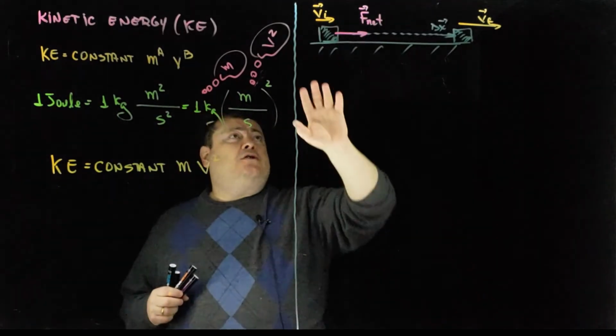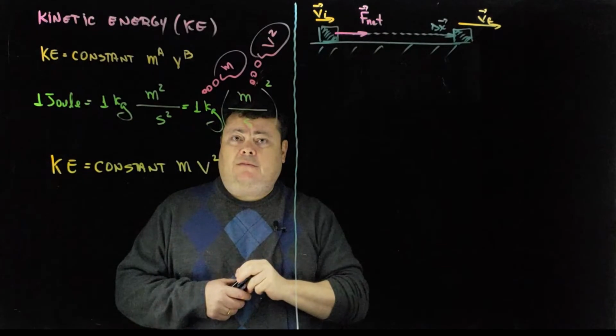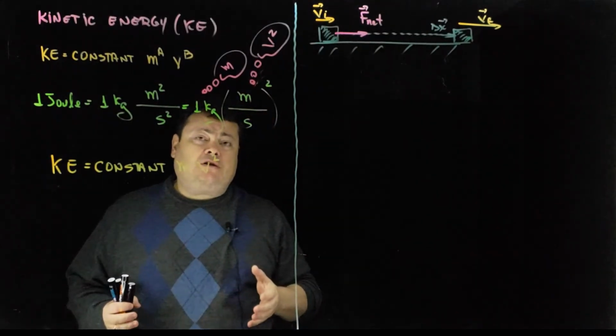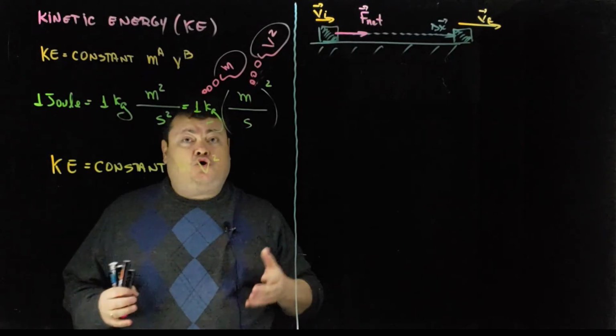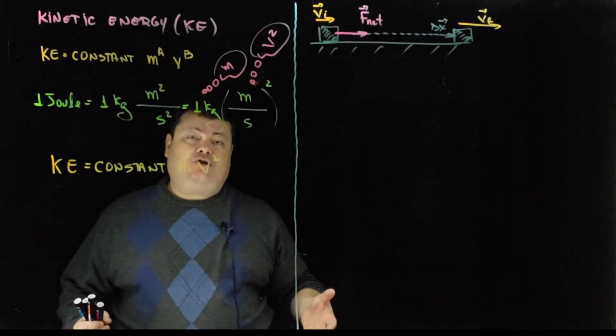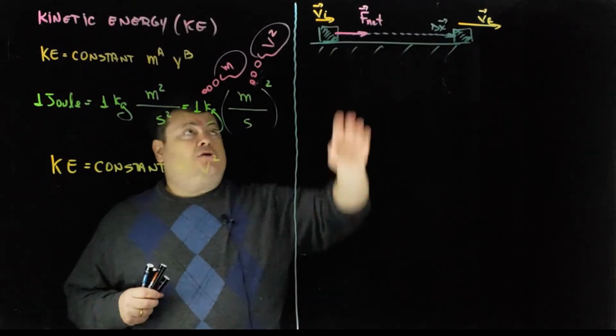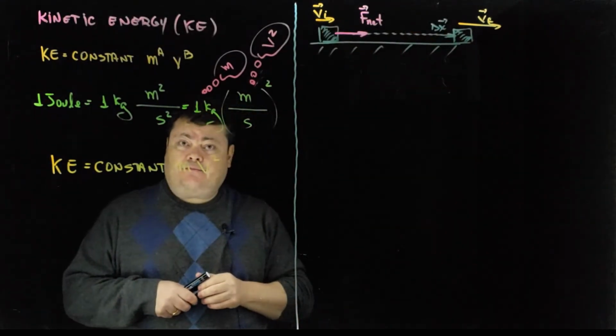The reason why I'm considering a net force on this system is because the total work done on the object should be equal to the change in energy of the system. So the total work will be the work done by the net force. This is my starting point.